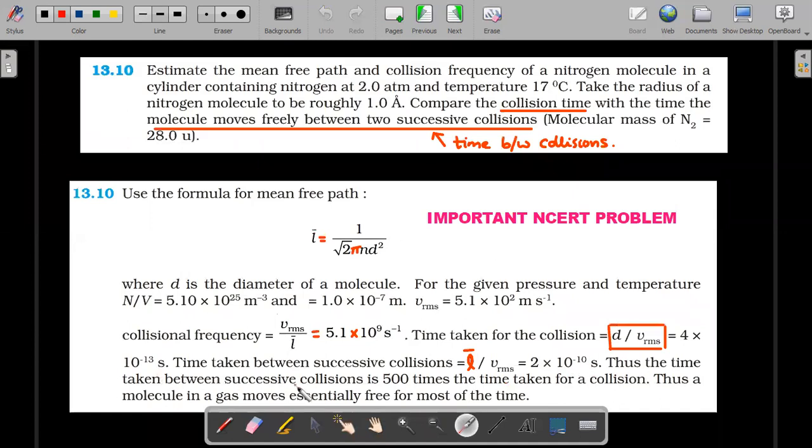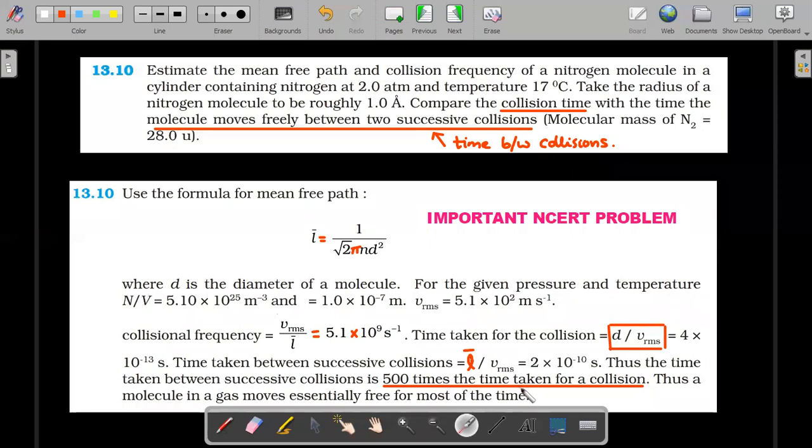Thus, the time between successive collisions is 500 times the time taken for the collision. Okay, it's very important information that it's like a lot of people are in the room and they're moving and colliding with each other. If they're colliding for less time and moving freely for more time, then that means they're much more in freedom.